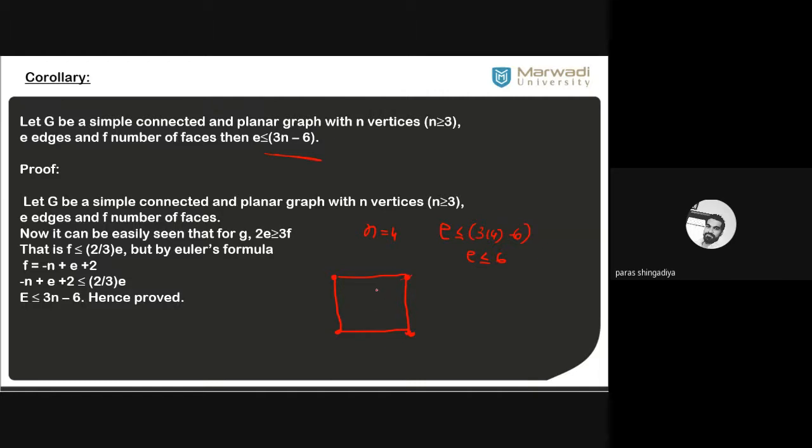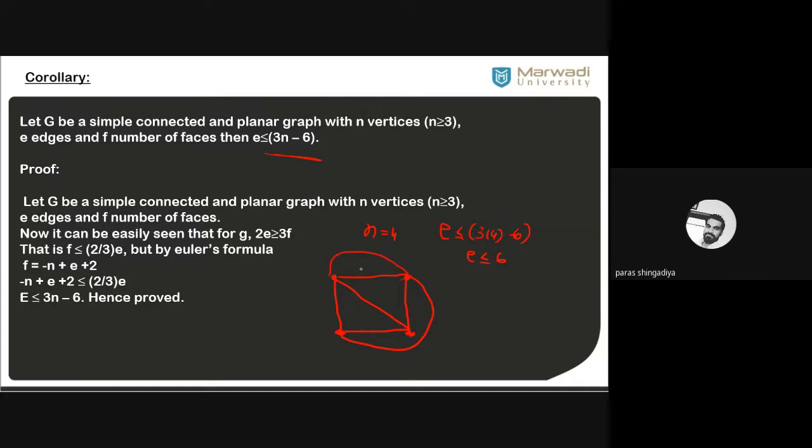But still I can use two more edges. One is from inside. Still the graph is a simple connected planar graph. I have used 5 edges. And the last one, I can connect these two vertices also. If I add one more edge between these two vertices, it becomes a non-simple graph.